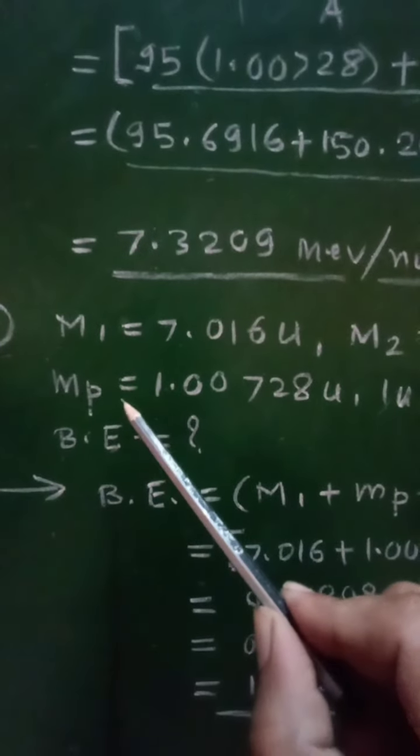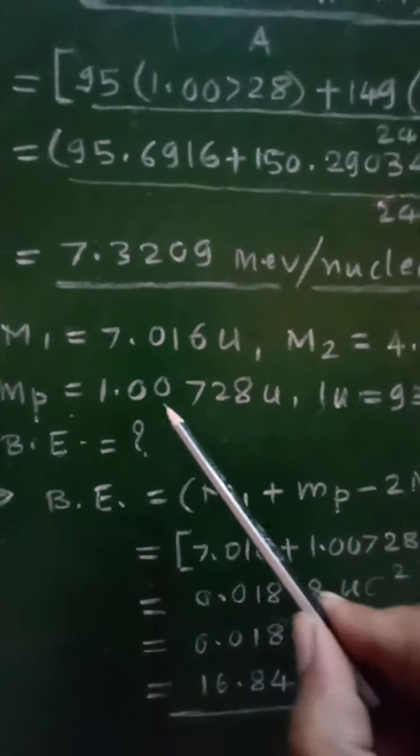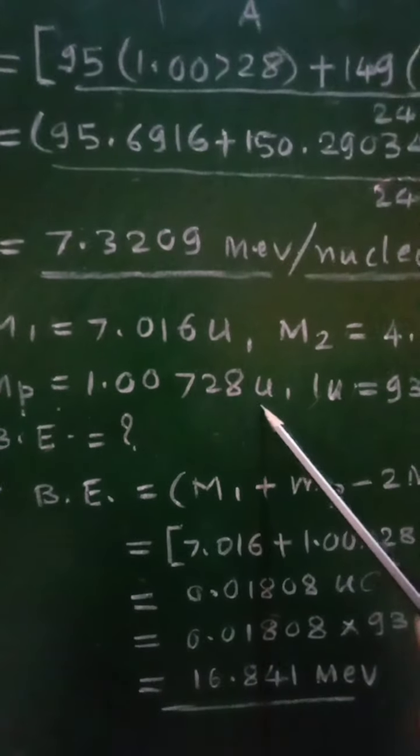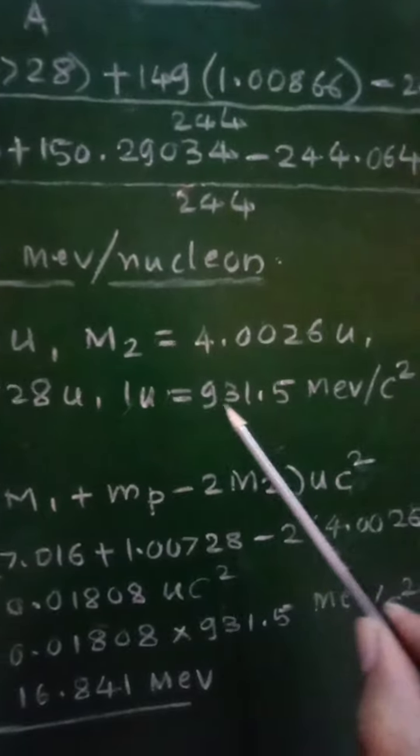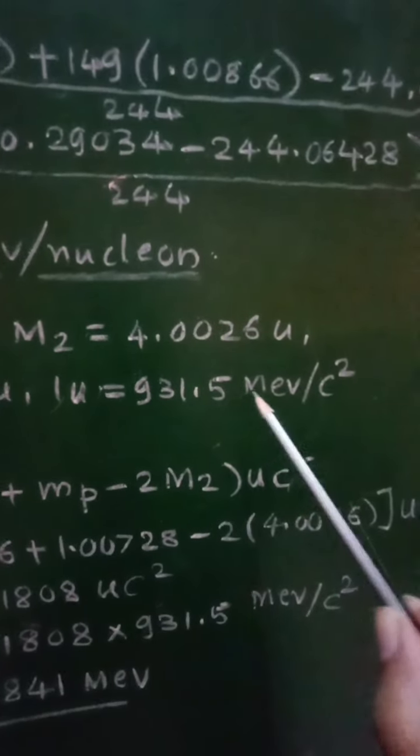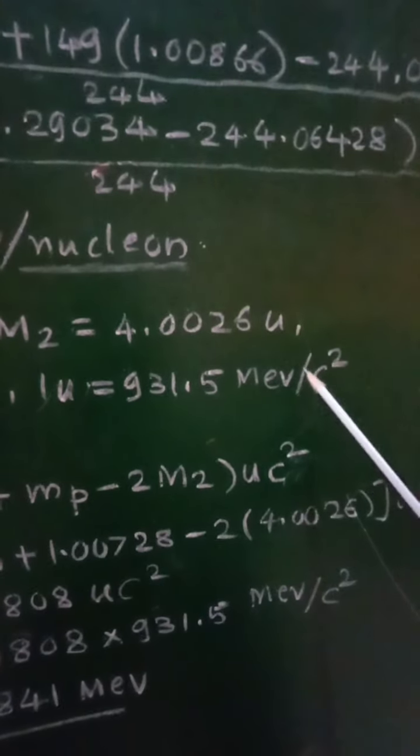Then the mass of proton MP is equal to 1.00728 U. Then 1 U is equal to 931.5 mega electron volt per C square.